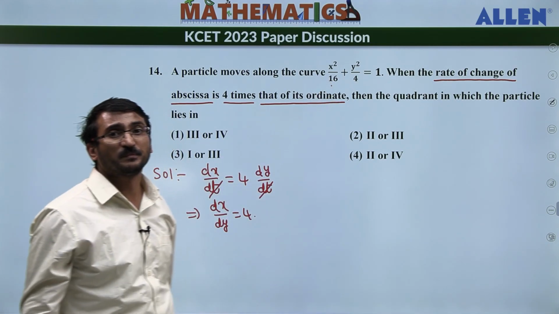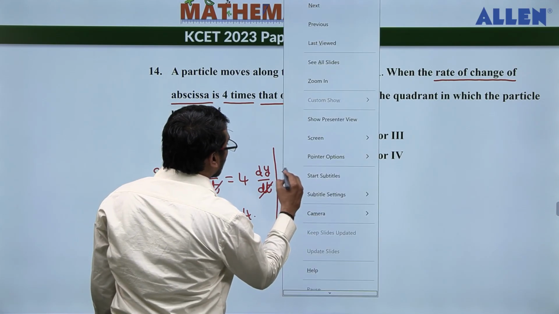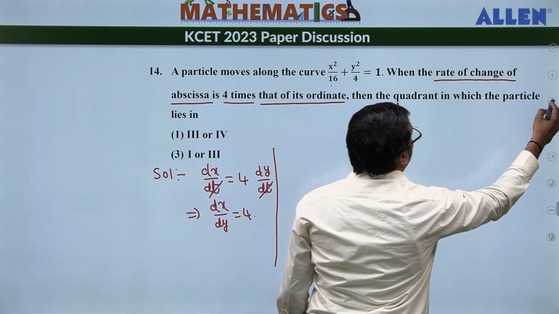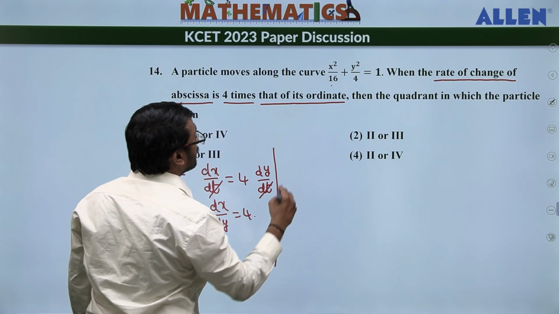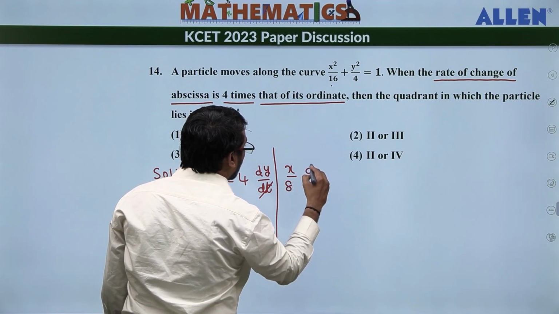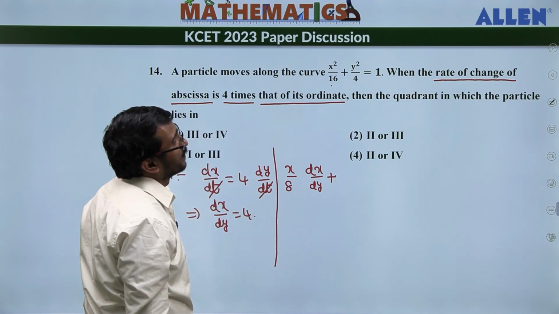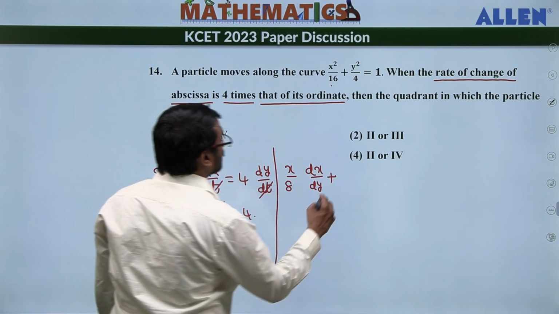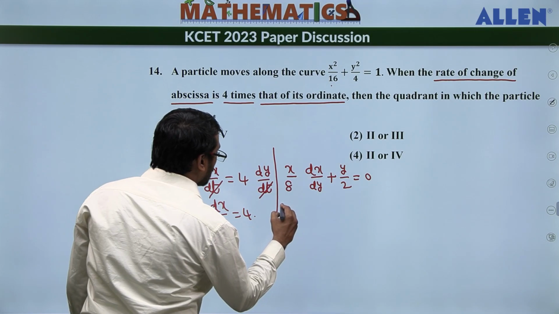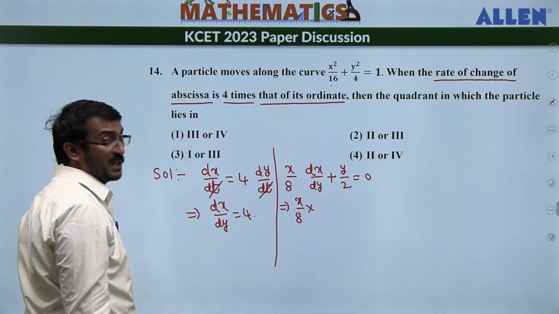Differentiate the function with respect to y. So, it becomes x by 8 dx by dy. So, d by dy of y square by 4 is y by 2, x by 8, dx by dy is 4.